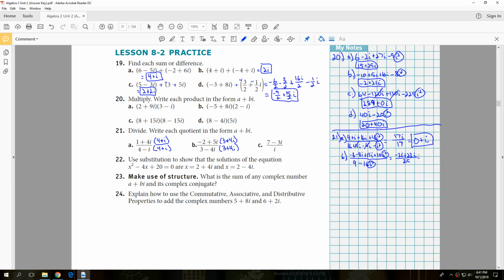All right, and rewriting this in a plus bi format, I don't have a lot of room here. Let me undo all this, sorry. We got plenty of room on the paper, let's use it. So that will be equal to negative 26 over 25 plus 23 over 25i.